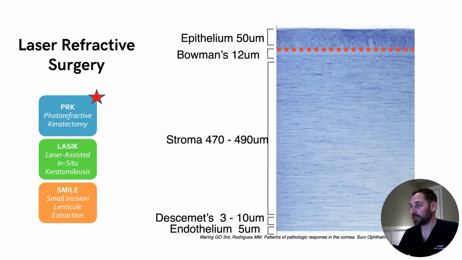And we're applying millions of spots all over the surface of the cornea in a programmed pattern. And that programmed pattern reshapes the cornea through removal of stromal tissue. So you're applying the laser and removing stroma and removing Bowman's membrane, working on these upper layers.